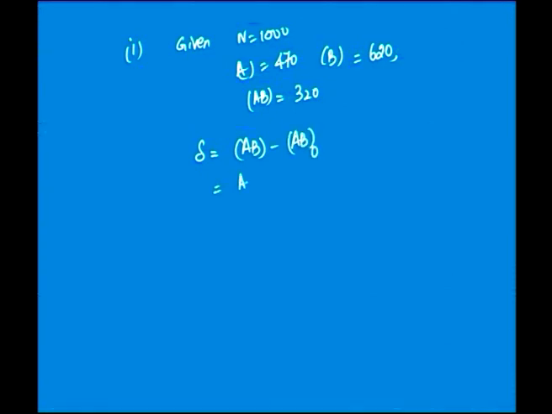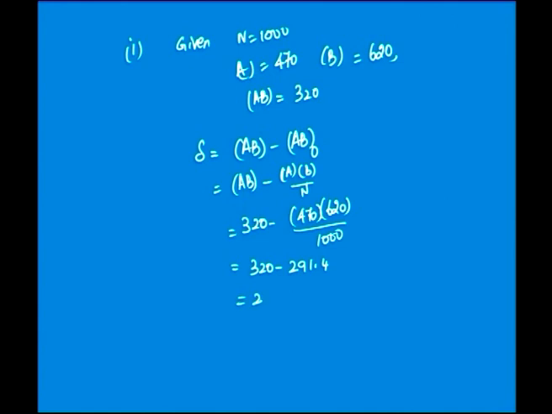AB naught is given as A into B by N. Now, all the values in this particular question are given directly. So, 320 minus 470 into 620 divided by N, which is 1000, and this value is 320 minus 291.4. This value is equal to 28.6.